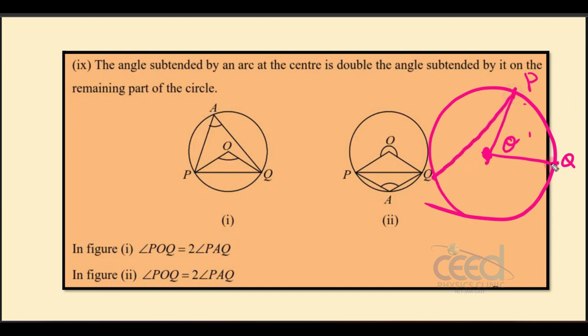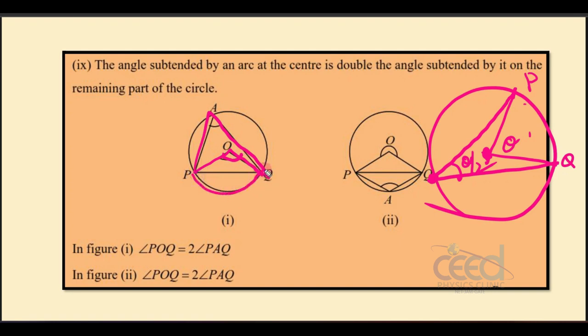Then if from P and Q we draw lines to another common point A on the back side, the angle will be theta by 2. That means angle POQ is double of PAQ.